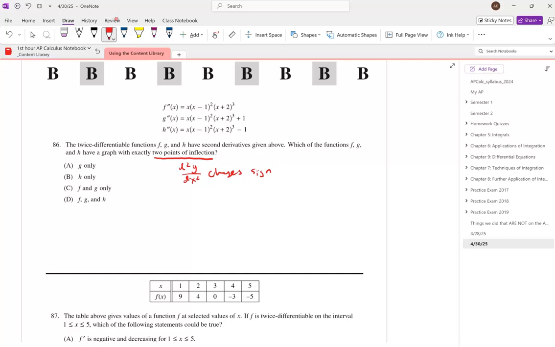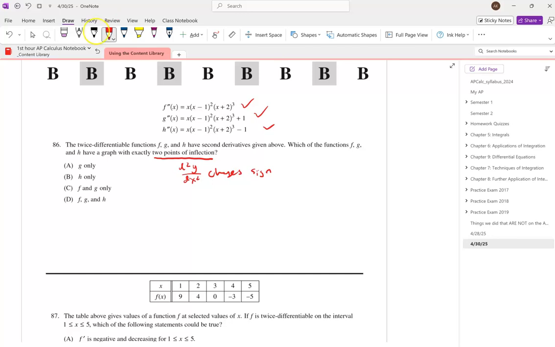So you could graph each one of these on your calculator and look for places where the graph crosses the x-axis. It has to cross. It can't just hit and bounce, because that's not going to change sign. That just gets it to 0. But that's all you're looking for.